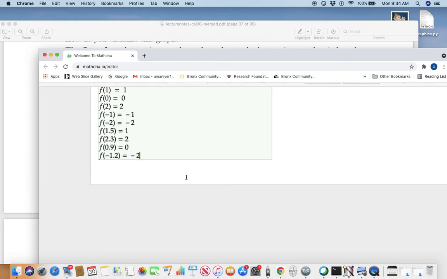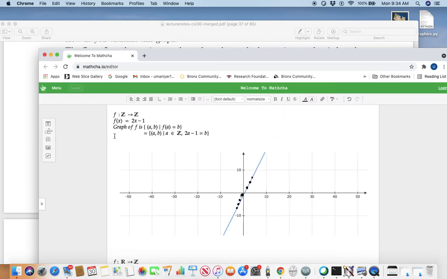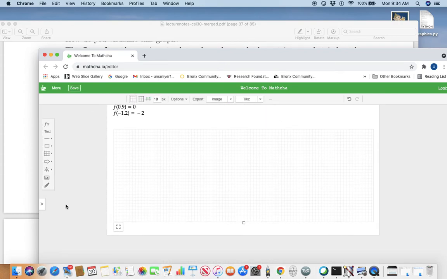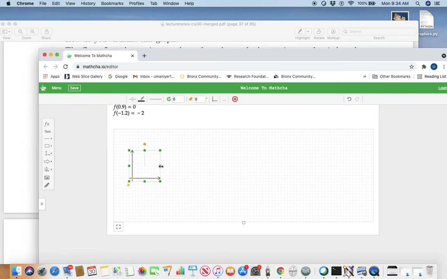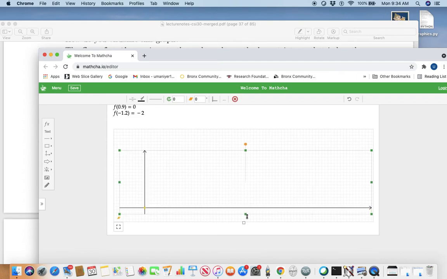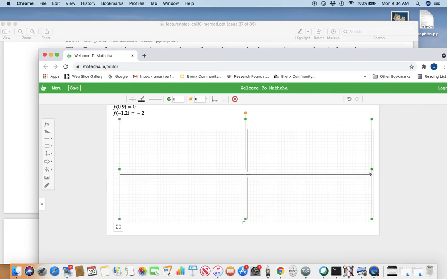So how do we visualize this? Let me draw a picture. Let's have our axis here, somewhere here.